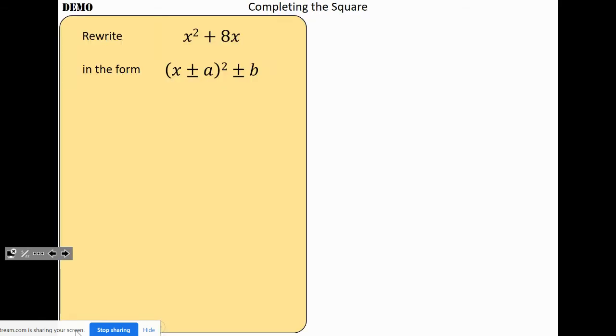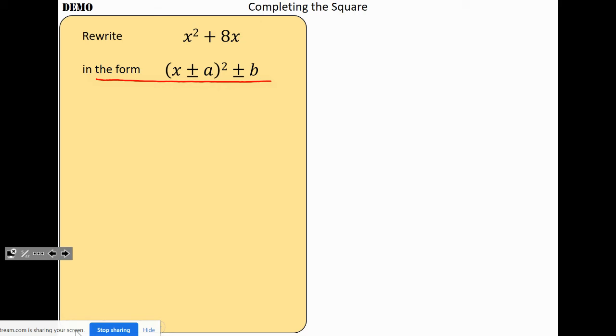So to write this out formally then, if we were to have x squared plus 8x, completing the square is the same as asking us to have it in this form. You'll often see questions not say complete the square, they'll say rewrite this in this form.